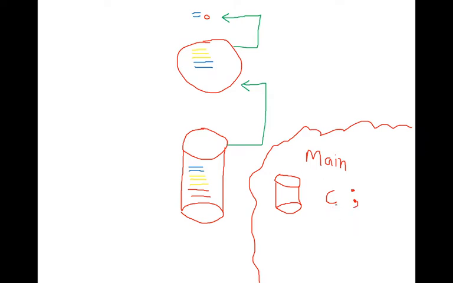So when you make an instance of a class, what happens? The first thing which happens is the constructor of the class is called, right? So when you make an instance of the cylinder C, the constructor of this cylinder will be called, right? But there is a difference between something being called and something being executed, right? So although the constructor of the cylinder will be called, it will see that I have a parent class.